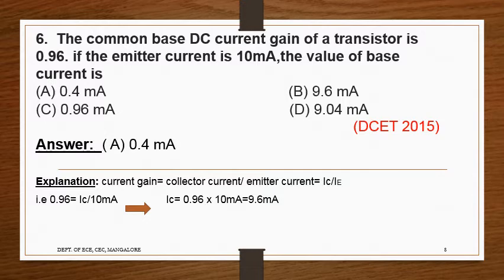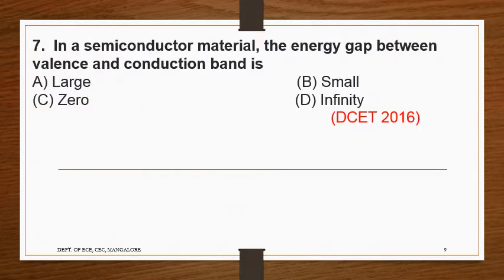Extrapolating IC, we get it as 9.6 milliamps. Now we have IC, but the question asks for IB. IB is equal to IE minus IC. So you have 10 milliamps minus 9.6, which is 0.4 milliamps.